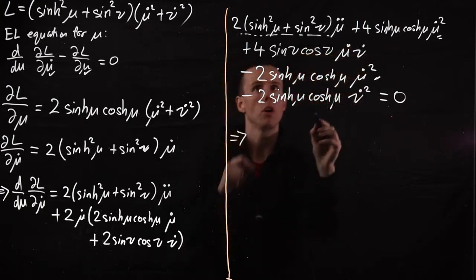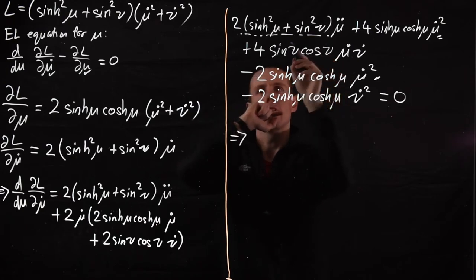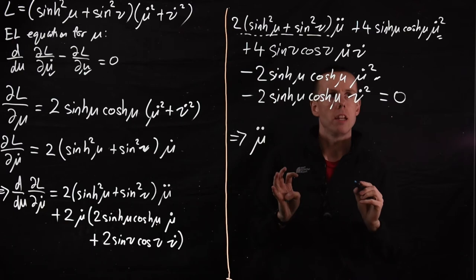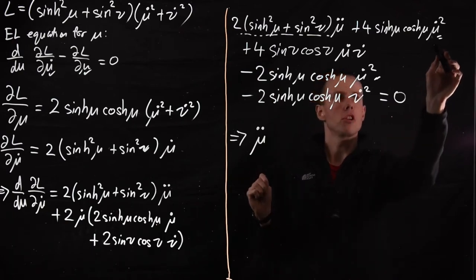So I shall say, therefore, when we do that, we will get just mu double dot, and then, okay, how much of mu dot squared do we have?